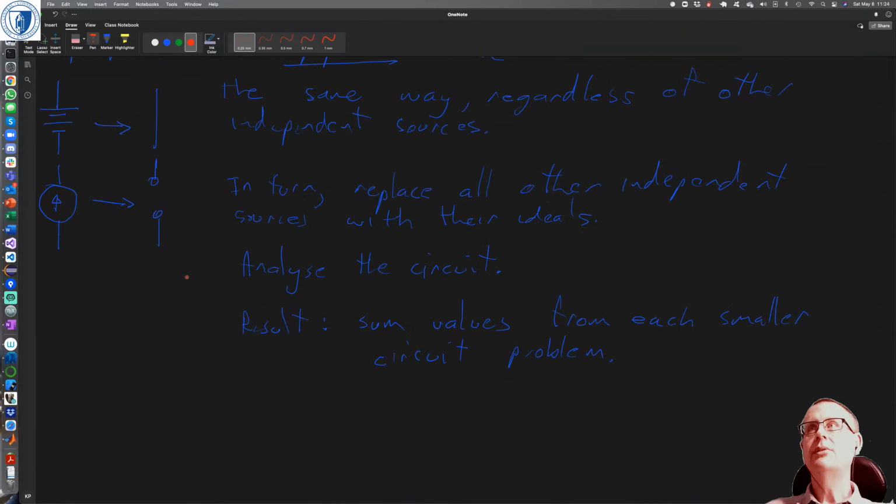Let's change colours. Let's go with green this time. Right, so Thevenin says I can replace any circuit with just a single voltage source and a series resistor or a series impedance, in fact.